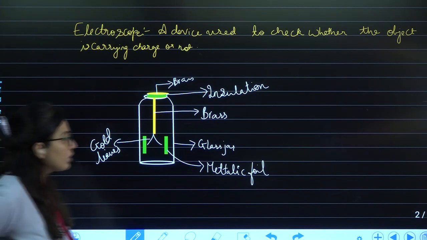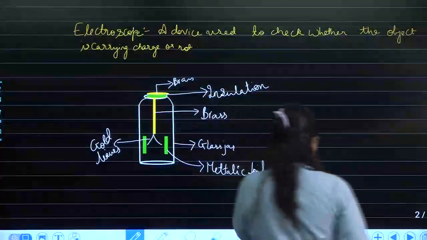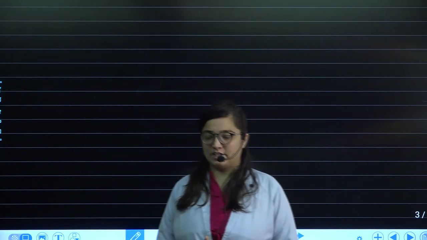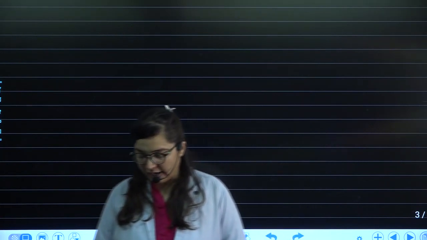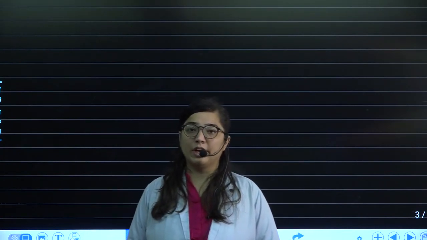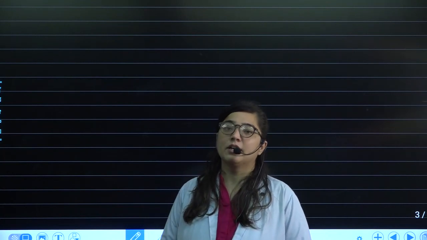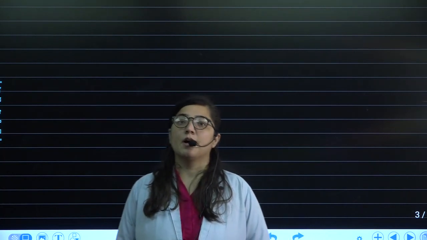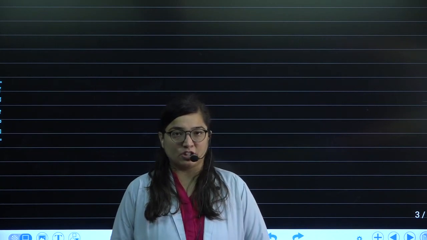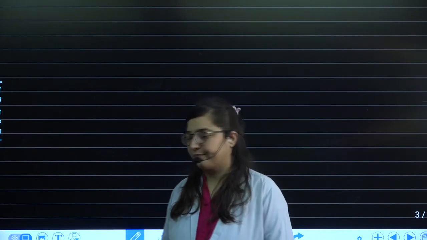Now, let's move further to the next activity. What is the next activity? The next activity is to demonstrate how charge can be transferred by direct touching or conduction.